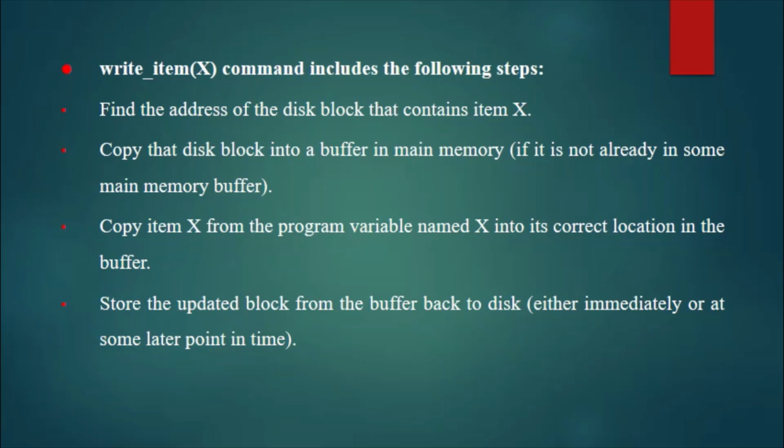After that it copies the item X from the program variable named X into its correct location in the buffer where we want to write, and then we store the updated block from the buffer back to the disk, either immediately or at some later point in time. These are the four steps performed when the write item of X command is executed.